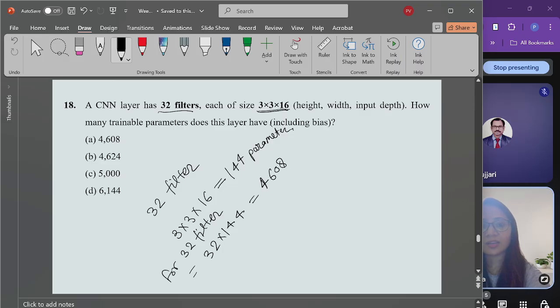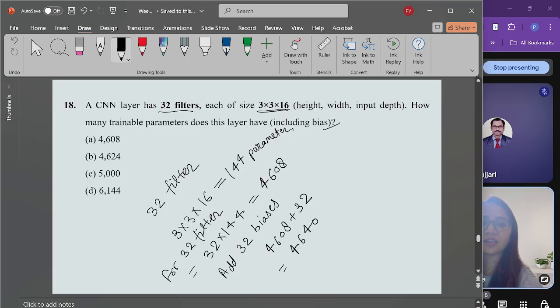But they have asked including bias. Now we have to add the 32 biases also, one for each of the 32 filters. So if you add the 32 biases also, in that case you will get 4640.